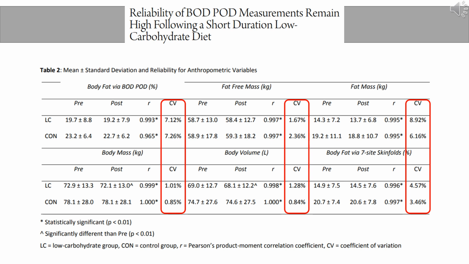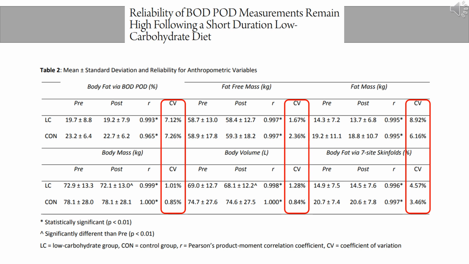So I think it's worth noting that although we see values of 7.12 and 7.26 and 8.92 for the coefficient of variation, it's after a training intervention has been conducted where they are trying to induce change in body fat percentage and fat mass percentage. So we need to be a little bit mindful, and actually these CV values might not be completely indicative or accurate of the actual reliability of the bod pod system.